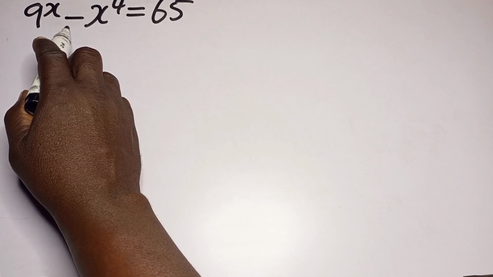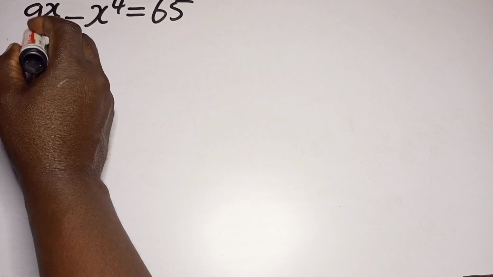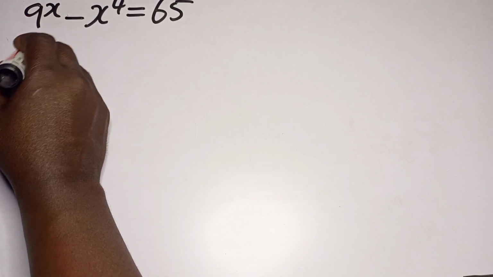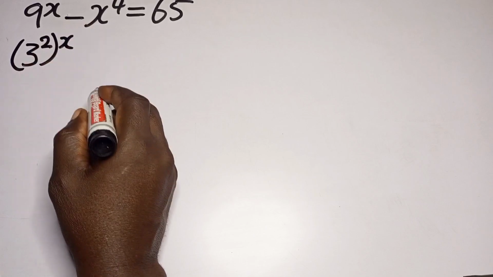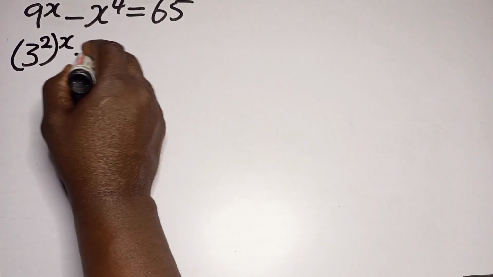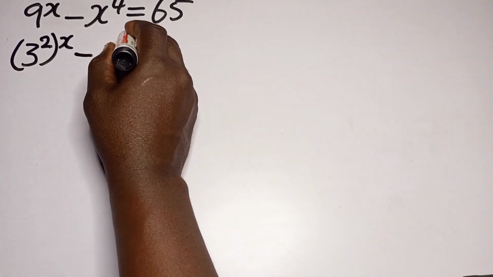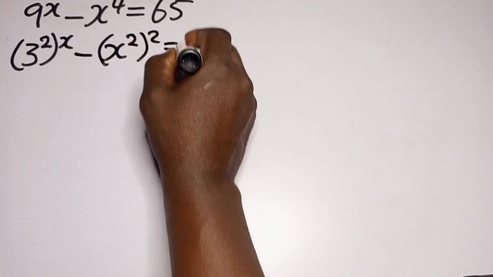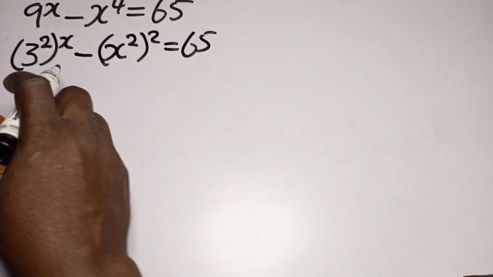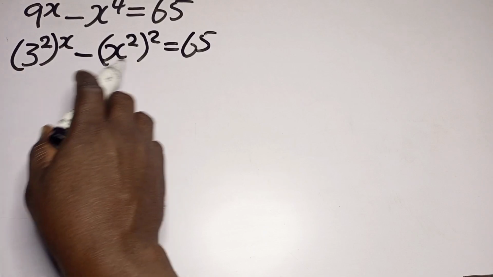Now, let's show that. 9 is the same as 3 squared, but it was raised to the power x. And x to the power 4 can be written as x squared raised to the power 2. So we're beginning to see the difference of two squares coming out.